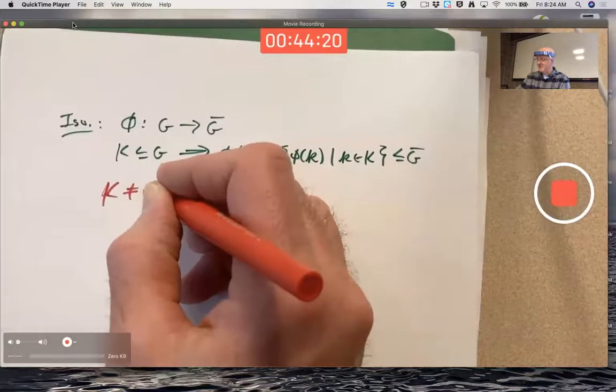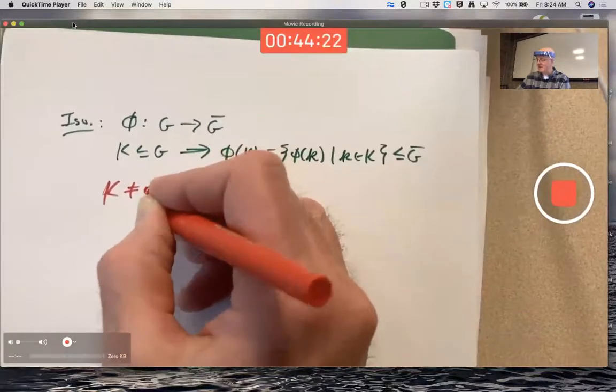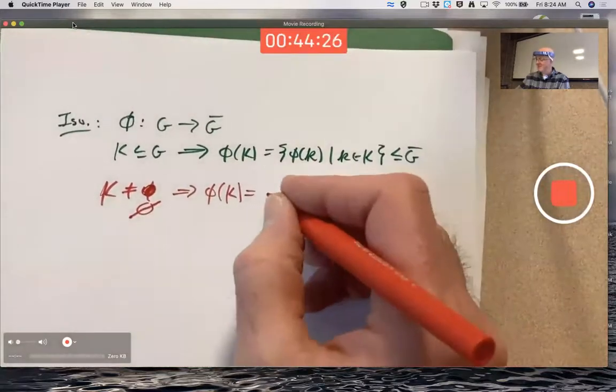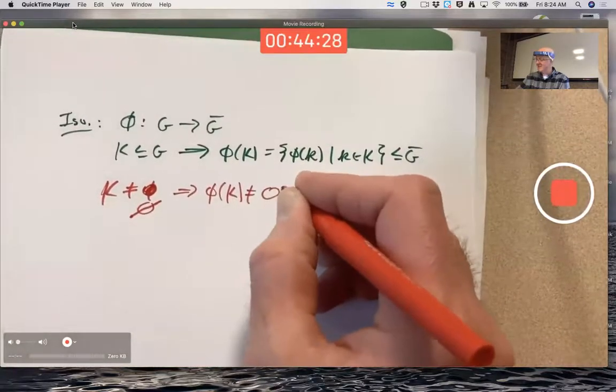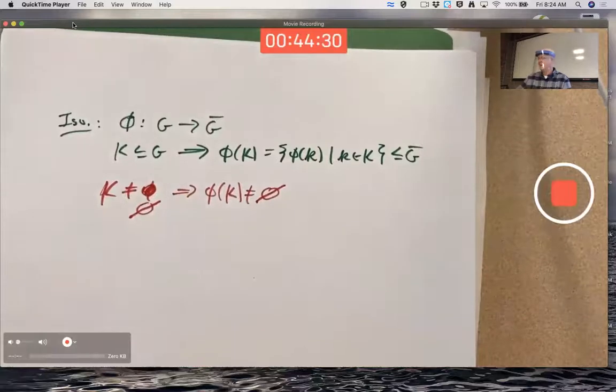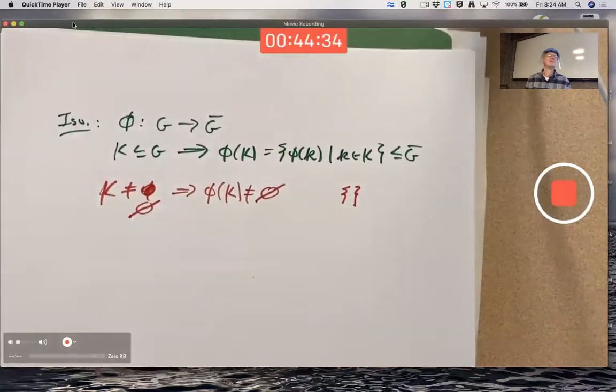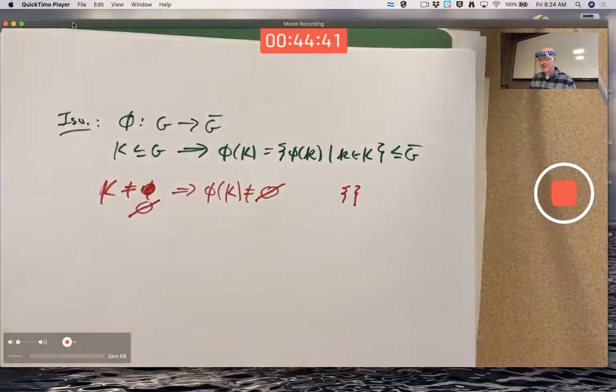Let me make it more like this. Some people, because of that, make their empty sets like that. So it's obviously not empty.